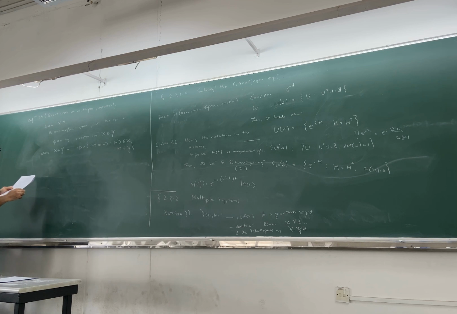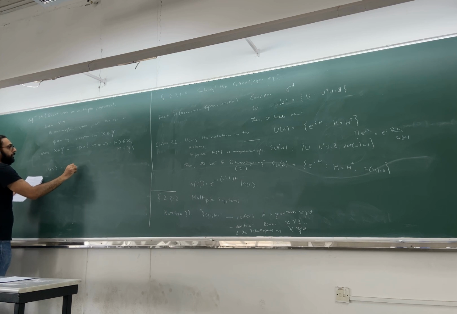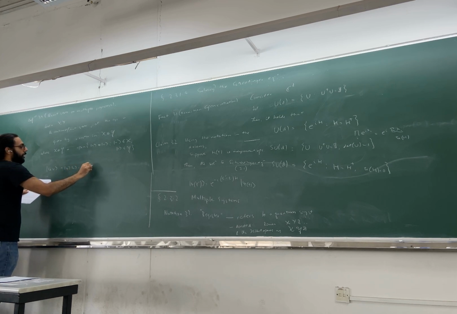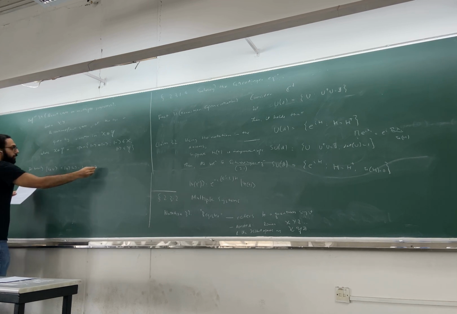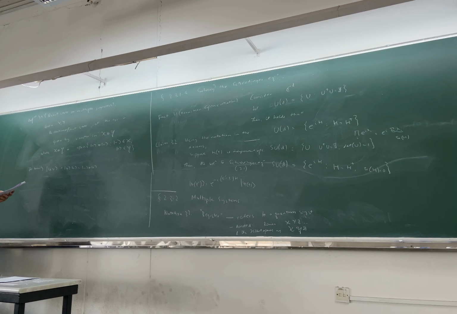And we'll also write uv for brevity, which is the same as u tensor v. This is just to write things quickly.